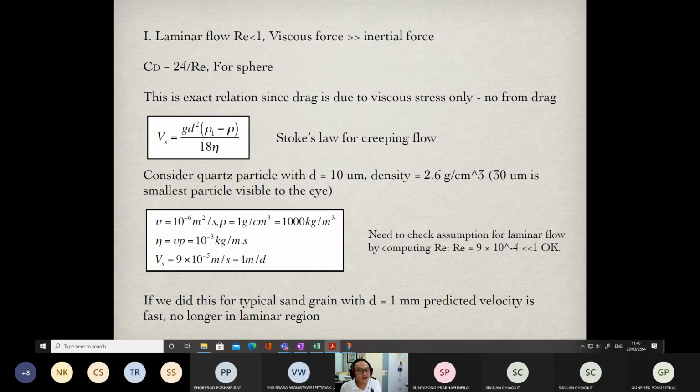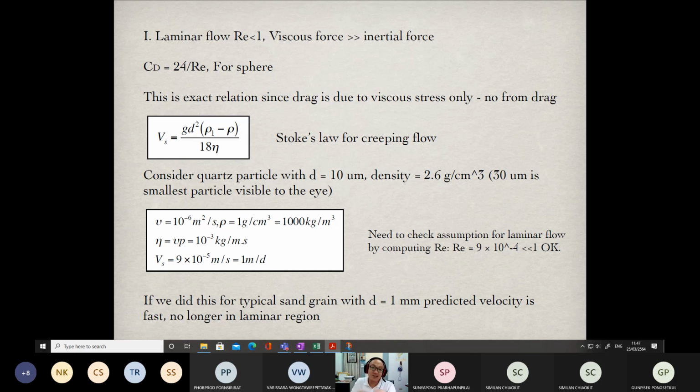And finally, you will get the settling velocity is equal to g d squared multiplied by the difference between the densities of the liquid and the densities of the solids, and again divided by 18 times the dynamic viscosity.